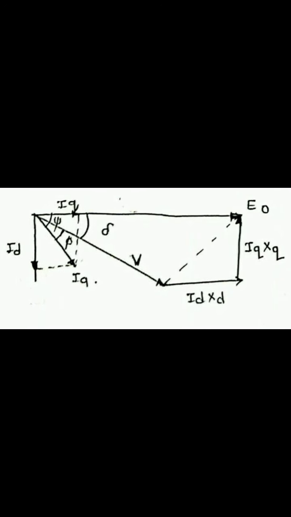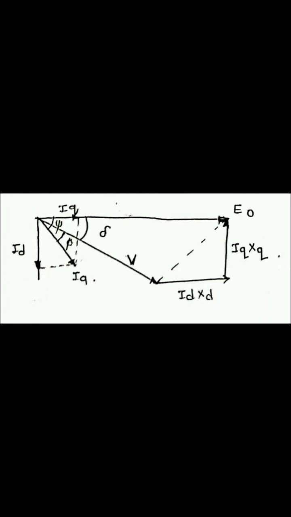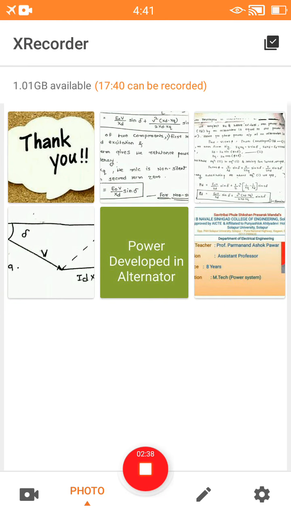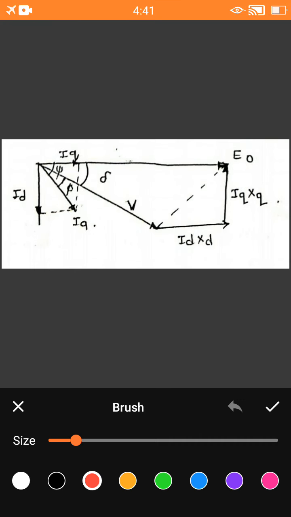While we are deriving the power equation of the alternator, we know the fundamental formula P is equal to VI cos phi for an alternator. According to that construction, the direct axis current with reactance drop and the quadrature axis current with reactance drop are shown by this simple vector diagram. This is the voltage, this is the current, so the angle between voltage and current is phi.